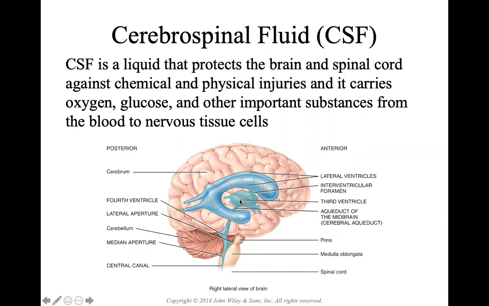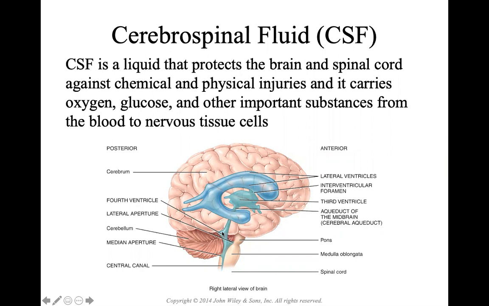Now it drains into the third ventricle. And now the third ventricle drains the CSF through the cerebral aqueduct of Sylvius. And now it goes from the third ventricle into the fourth ventricle, which is just adjacent to the cerebellum.